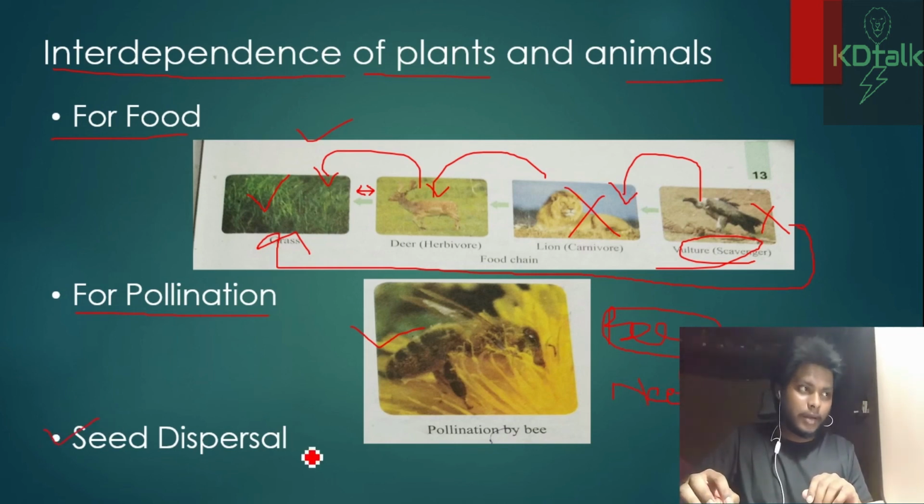Okay. And the last one is seed dispersal, for which the interdependence of plant and animal is seen.